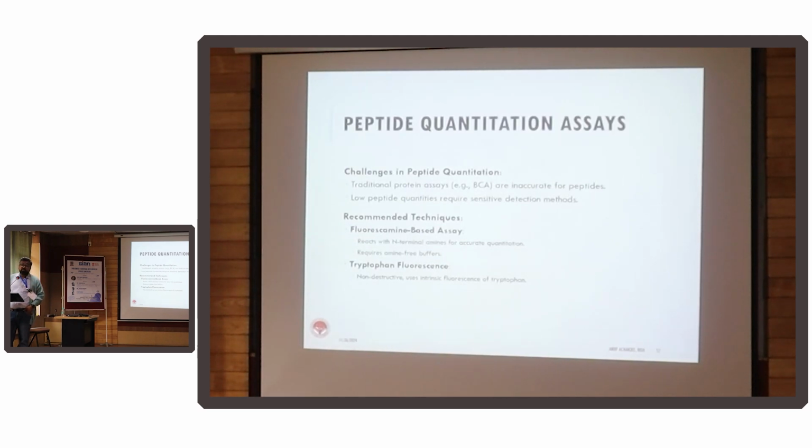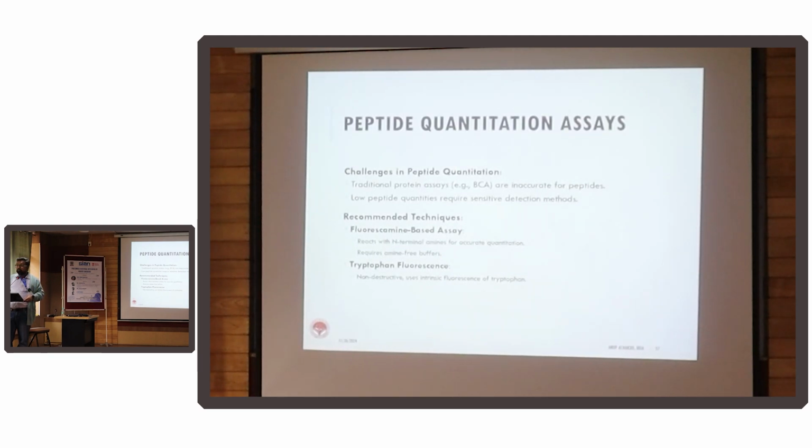If you remember, yesterday Professor Sanjeeva was showing that his new timsTOF can work with 100 nanograms of peptides. So you have to quantitate the peptides, 500 nanograms or 1 microgram. Without quantitation of peptides, you cannot just inject a lot of peptides into your LC. It will give false results.